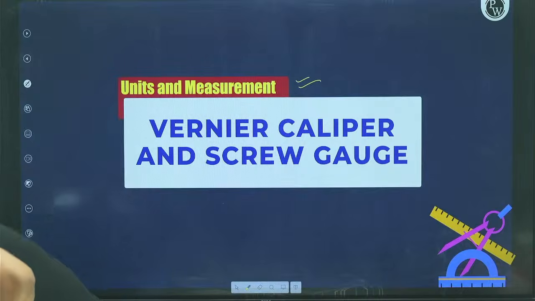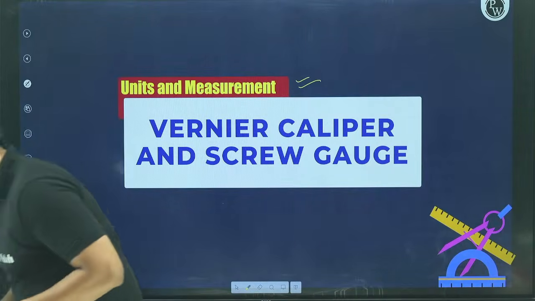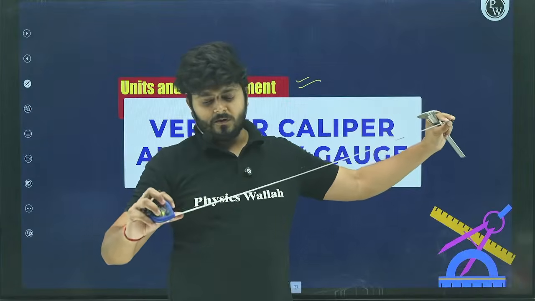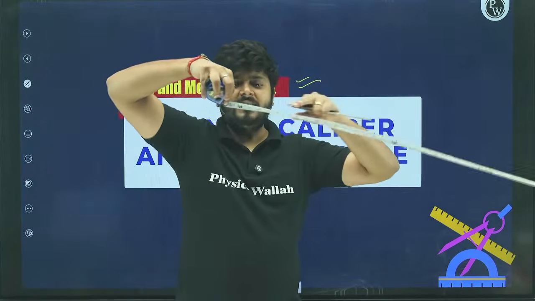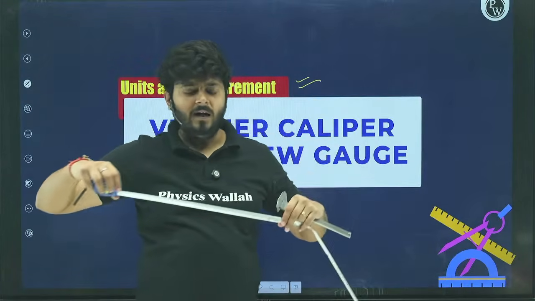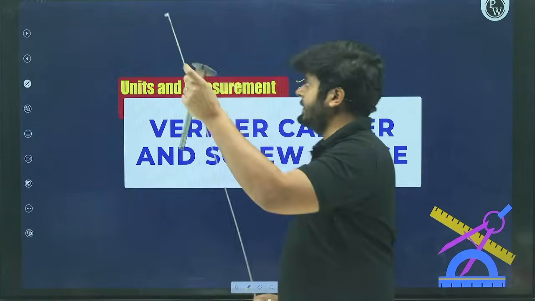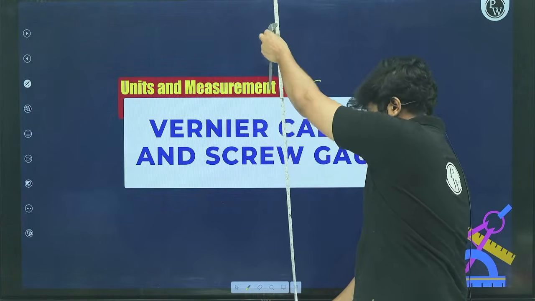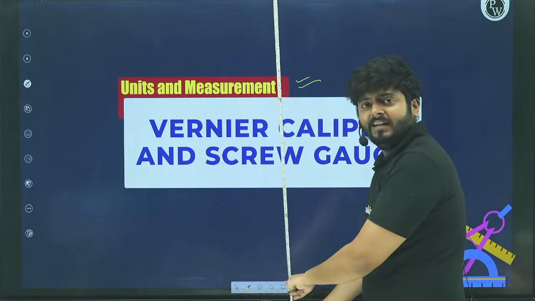You see that in these tools, we have only one scale, and on that scale, the markings are made, right? Whatever quantity we want to measure, let's say I want to measure this board, I can just start from here, end it over here, and on that scale I will get the reading itself.